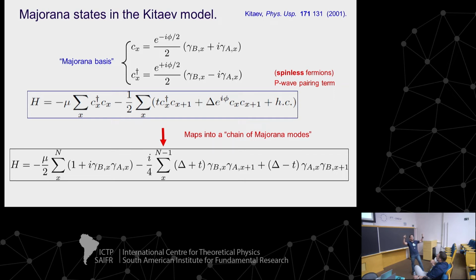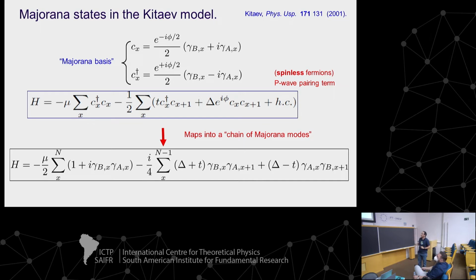In one of the regimes, you have two of these Majoranas at the ends of the chain completely uncoupled from the rest. So this is the so-called topological phase of this 1D P-wave superconducting wire, if you want.